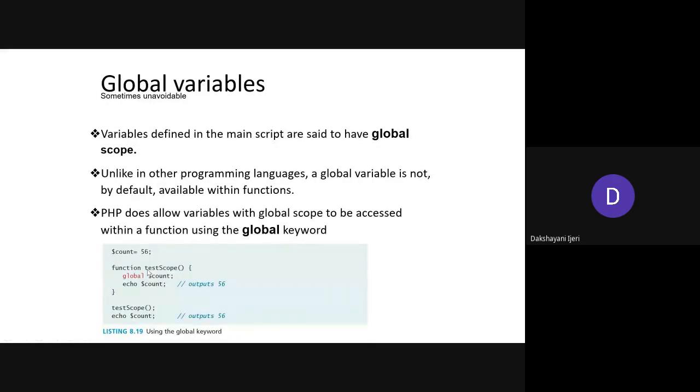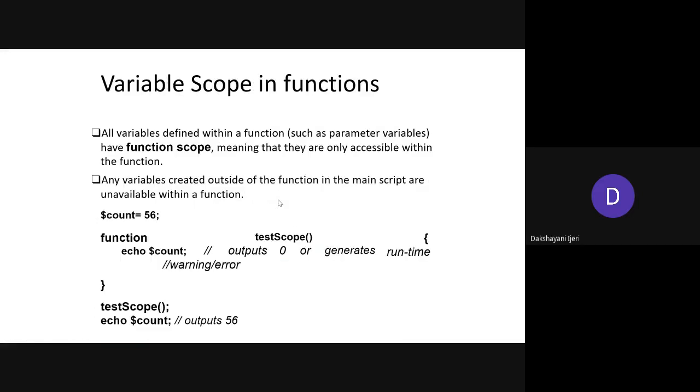So now what is meant by global variables? The variables defined in the main script are said to have global scope. Unlike in other programming languages, a global variable is not available by default within the functions. So within the function, it is not available by default. The variables which are declared outside the function, you cannot access directly within the function.